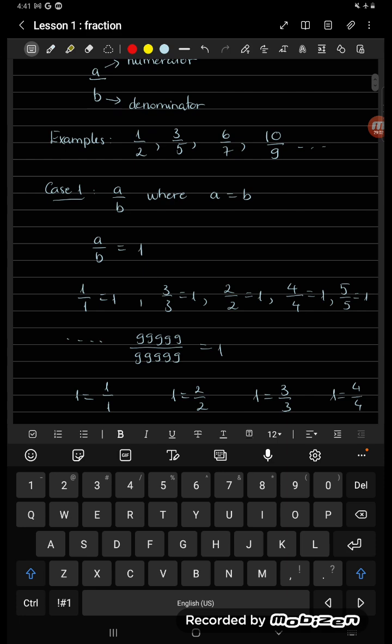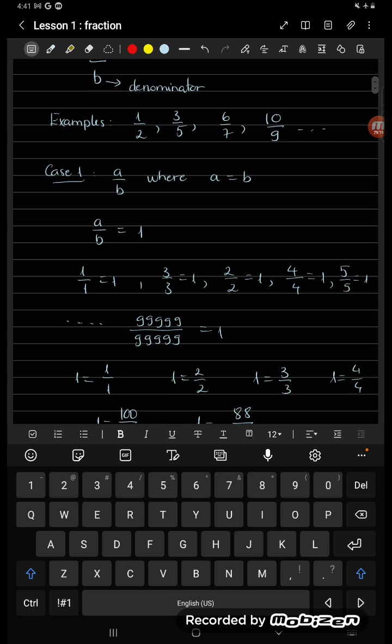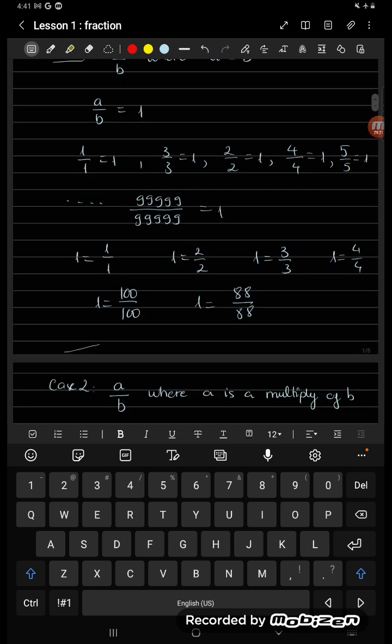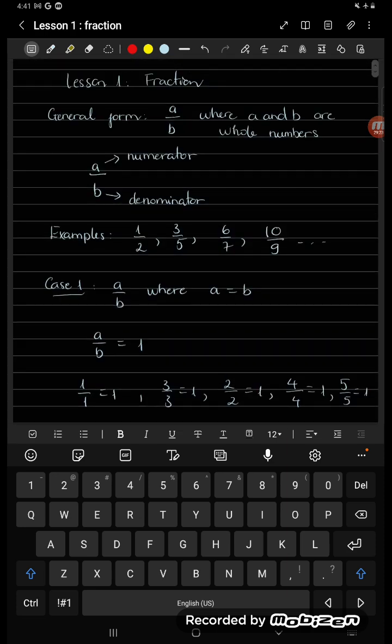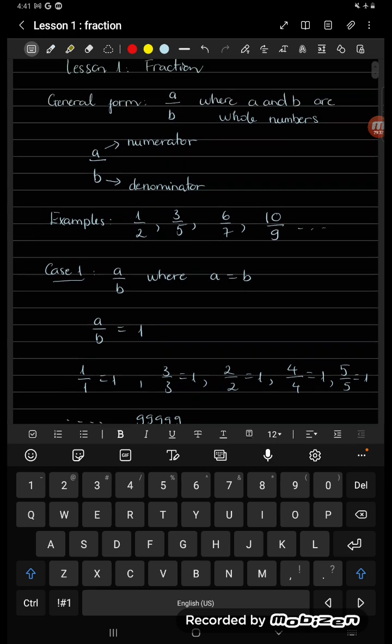And we make it into 4 cases. Like a can divide by b or a cannot divide by b, right? So the first 2 cases, case 1 and case 2, a can divide by b. No, b cannot divide by a, but a can divide by b, sorry.